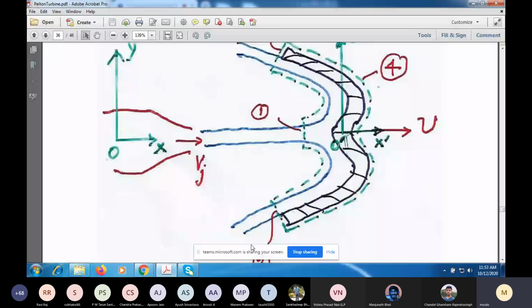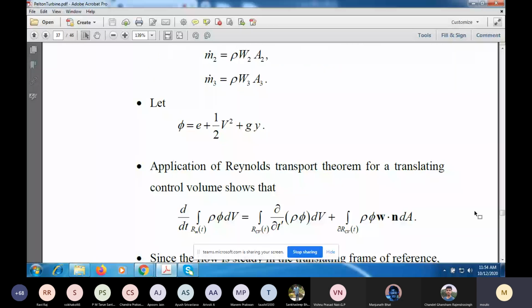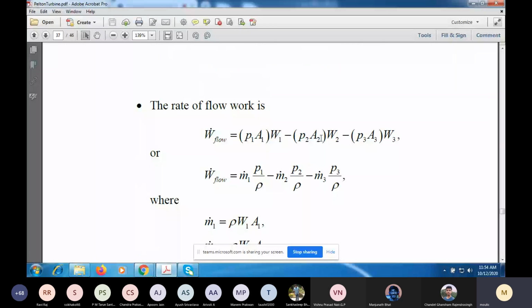One is work done on the fluid, the other is work done by the fluid. So I've taken the convention that work done on the fluid is plus and work done by the fluid is minus. So if you look at the flow work, we'll have P2 A2 W2. So just replace the subscript 1 by 2 here and 3 here. And there are minus signs here.